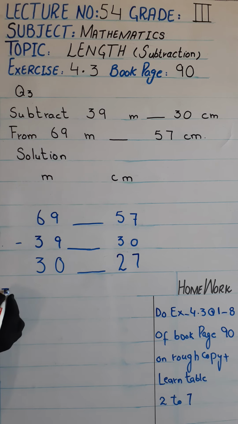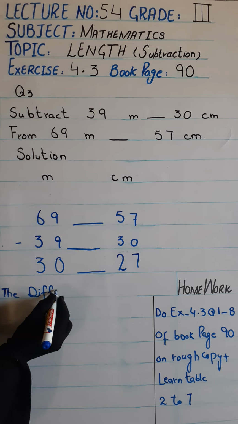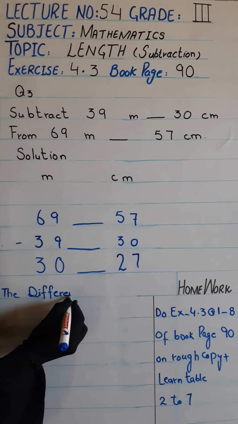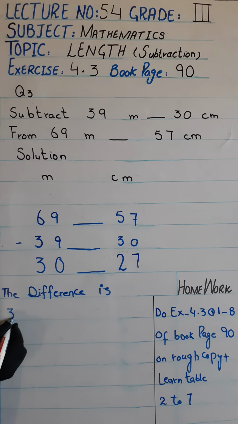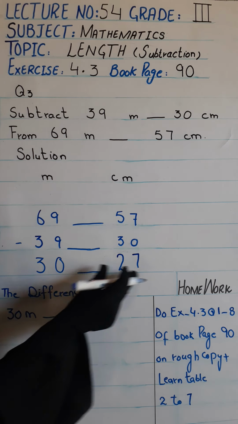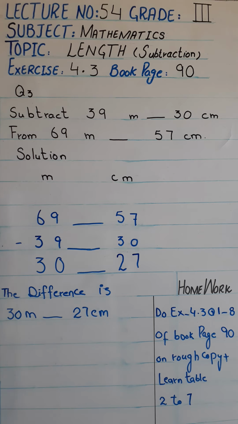So you just write: the difference is 30 meter, 27 centimeter. Clear, students? I solve one more question for you.